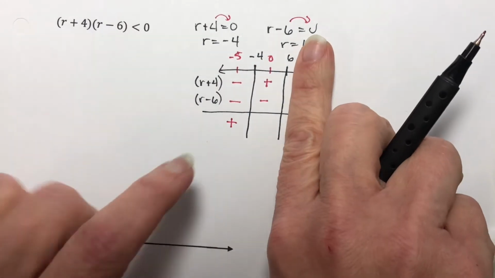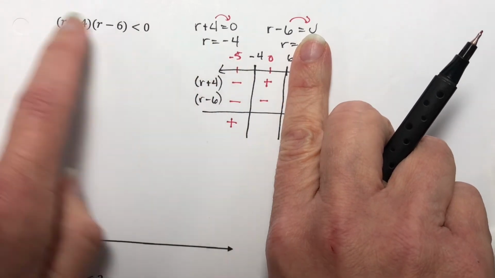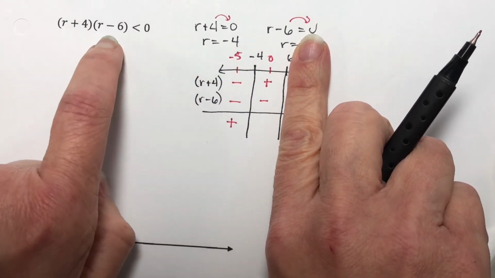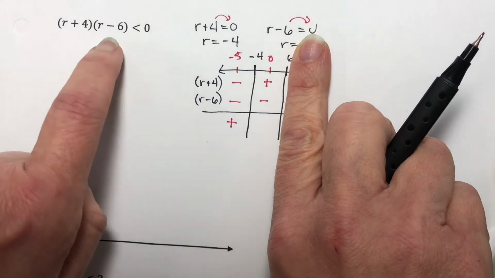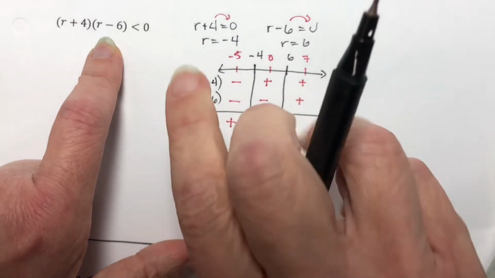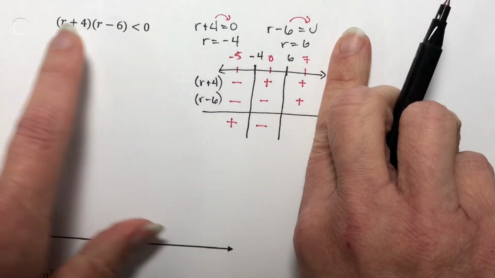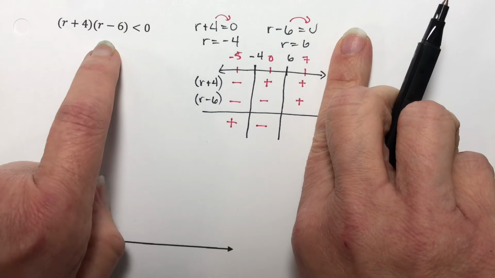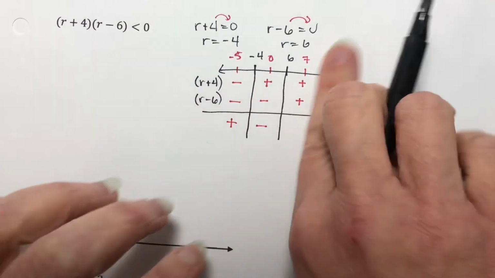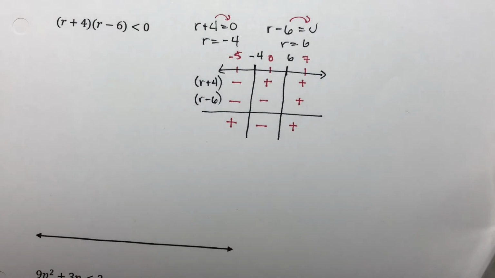Now right here, if I plug in a number in this region, I'll have a positive here, but I'll have a negative here. So I'll end up with a positive times a negative, which overall is negative. In this region, if I plug in a number larger than 6, I would have a positive here, and a positive times a positive is positive.